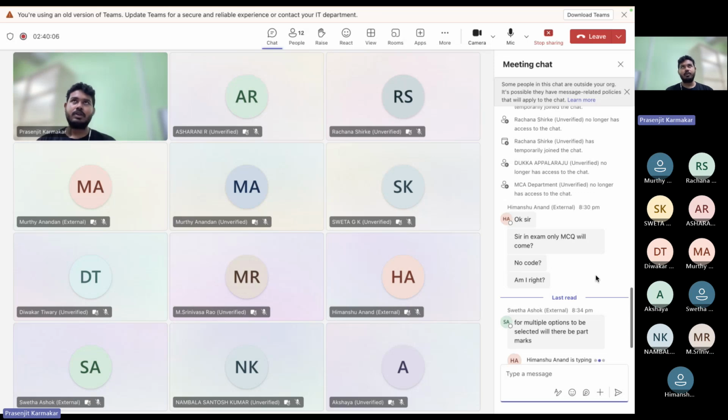Because these are not manually checked, these are mostly computerized checks, right? So either they will put some partial marking policy, or they will just mark it binary. So if somebody checks all the correct options for a multiple select question, they will get marked or not. Something like this.